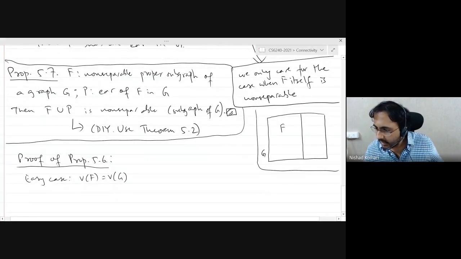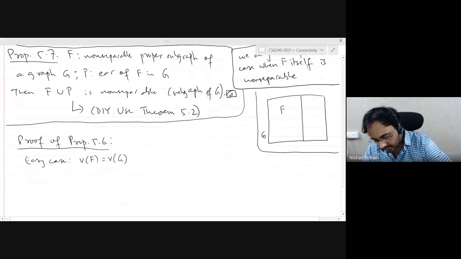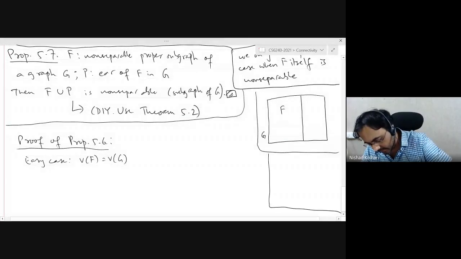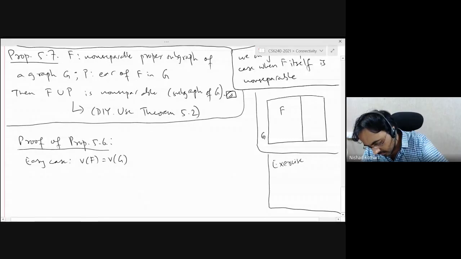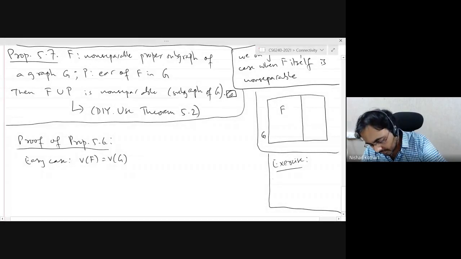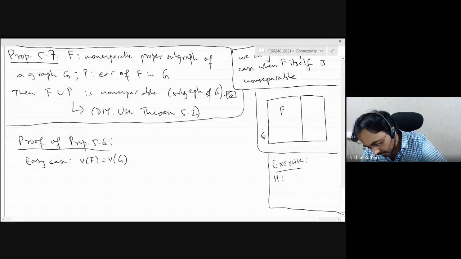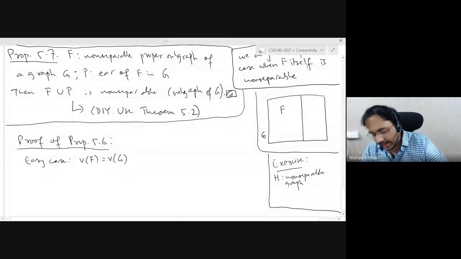Right. There is a fact that we will be needing. So there is an easy fact that I'll again leave as an exercise. If H is a non-separable graph, and you add a link to that graph. So what is a link?